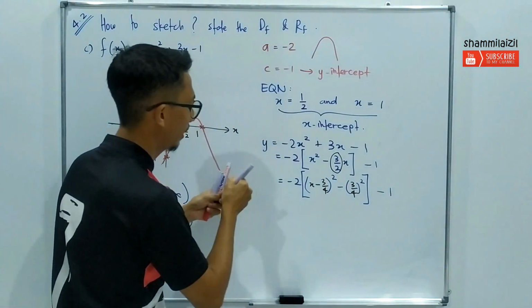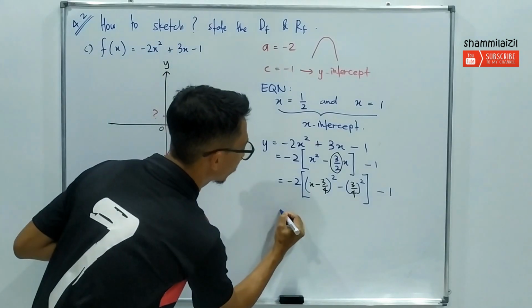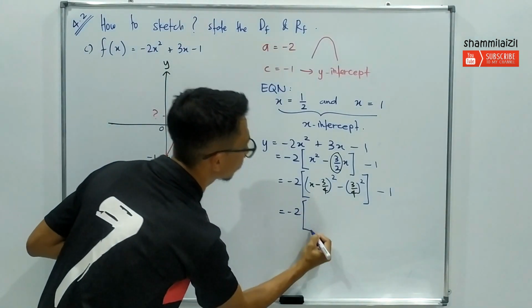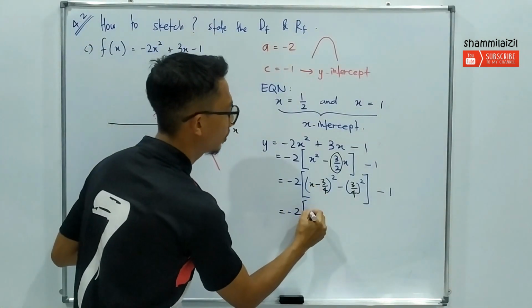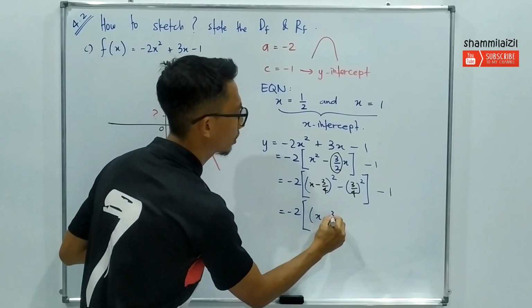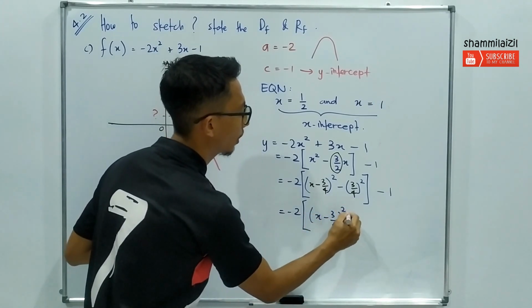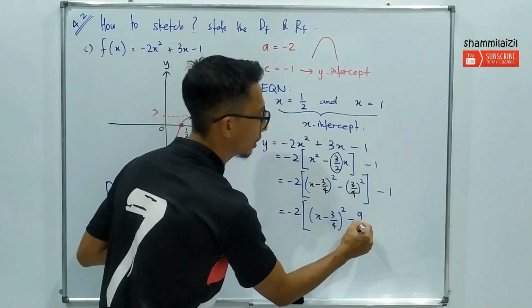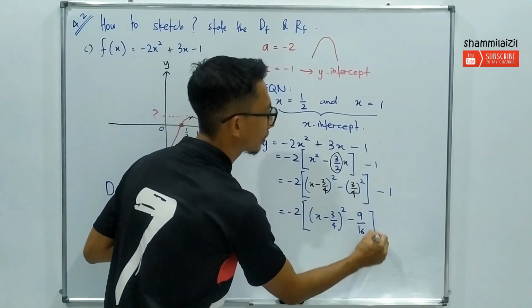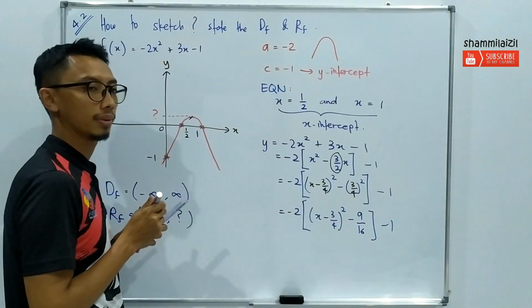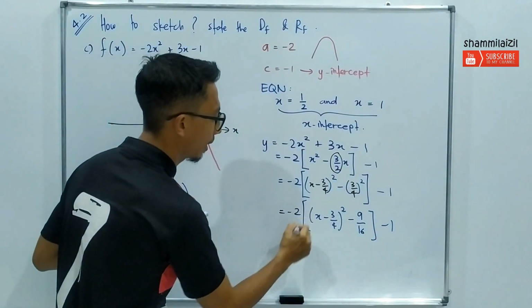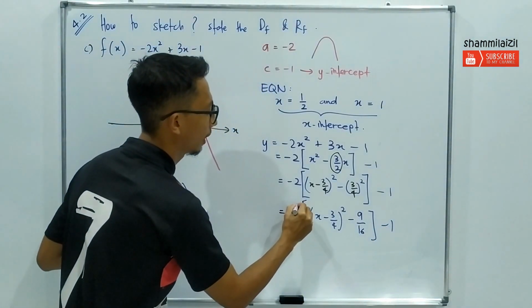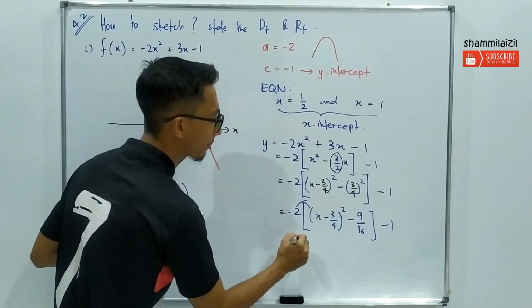Alright? So then you can proceed. Minus 2. Simplify. x minus 3 over 4 squared, minus 3 over 4 squared is actually minus 9 over 16, minus 1. Right? So let's expand.